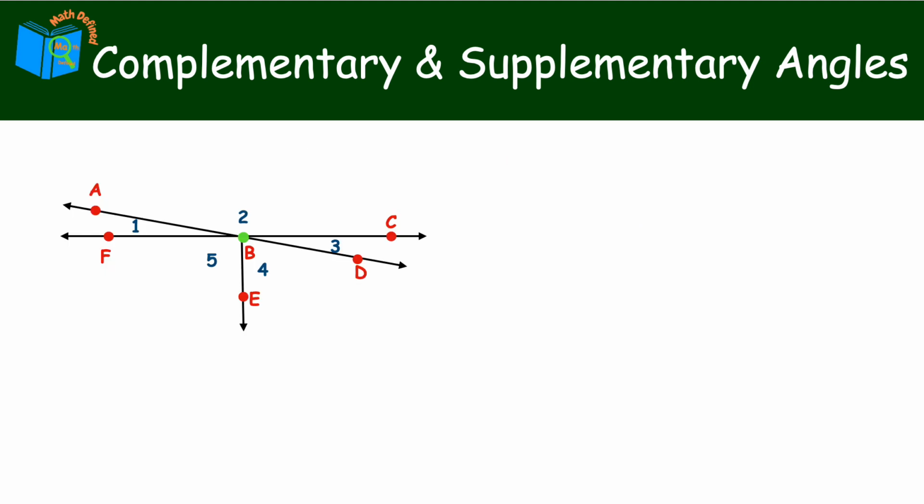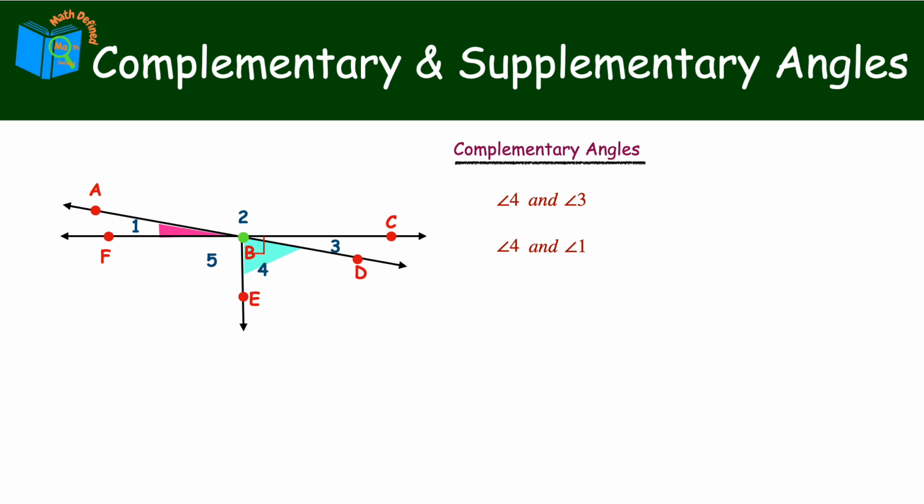Let's practice finding complementary and supplementary angles. We'll start with complementary angles. Remember, think C for corner, 90 degrees. Let's find the complementary angle to angle 4. Angle 3. These two angles create a 90-degree corner. Angle 4 is also complementary to angle 1.